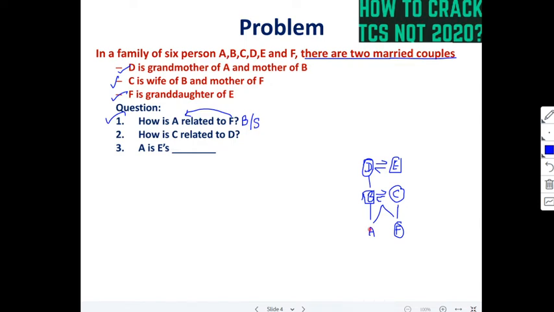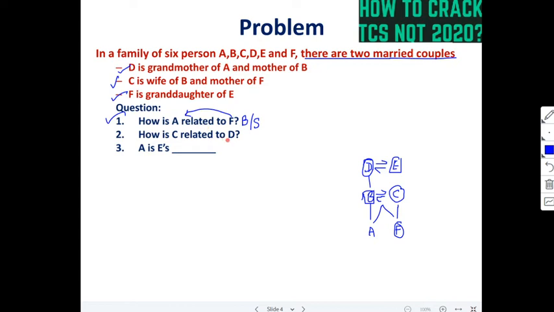If A is male, then for F, A is brother. If A is a female, then A is F's sister. Right? Clear?